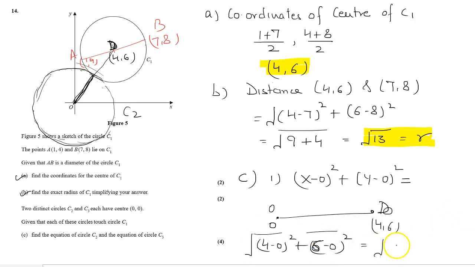This is root 16 plus 36, which is 52. So this complete distance is root 52.